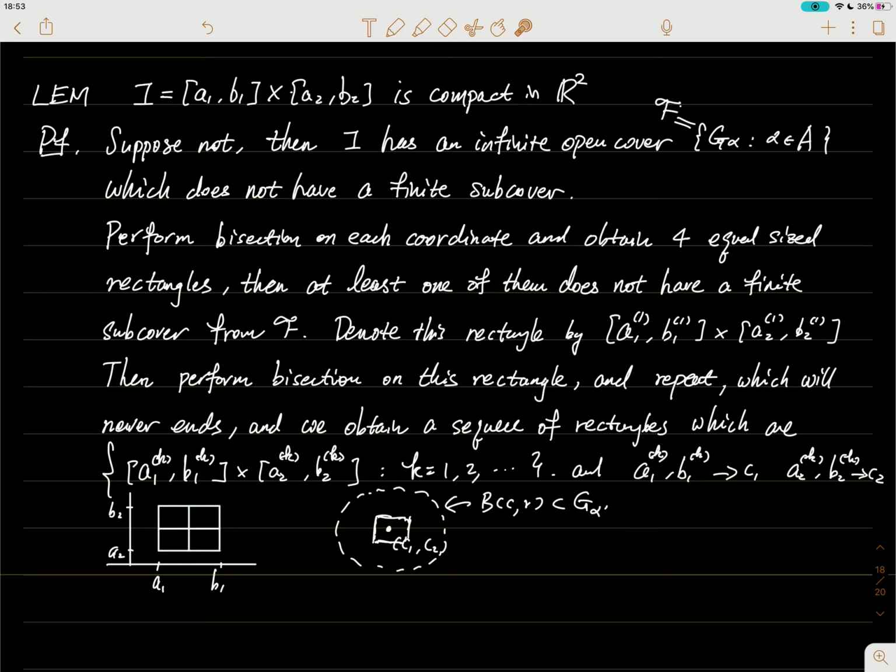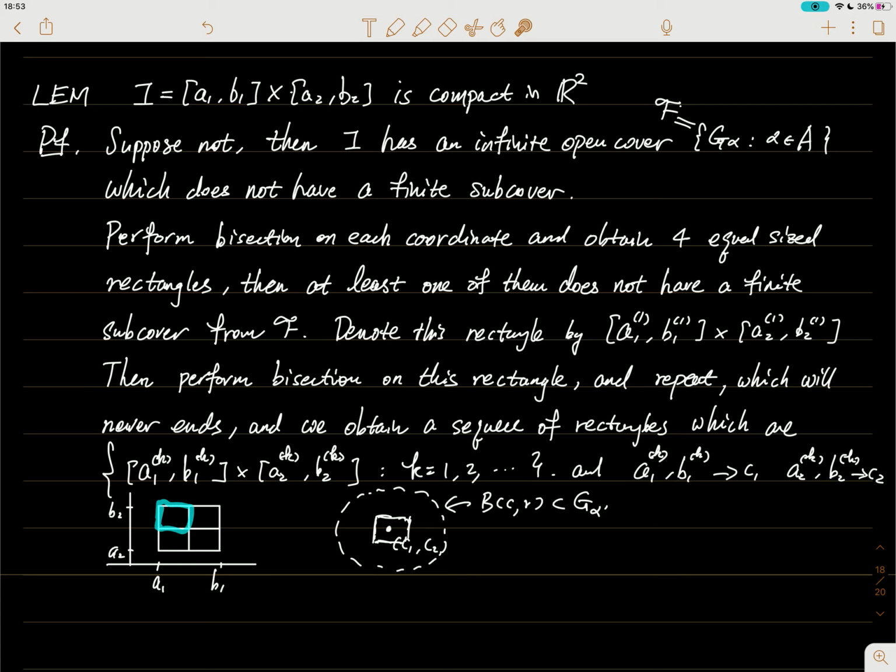Because if I could use finitely many open sets to cover every one of them, then the union of these 4 finite covers, which is still a finite cover, would cover this box. So at least one of them cannot have a finite subcover. Let's say the first one does not have a finite subcover from this family F.